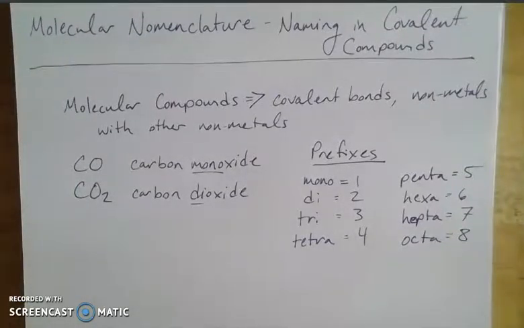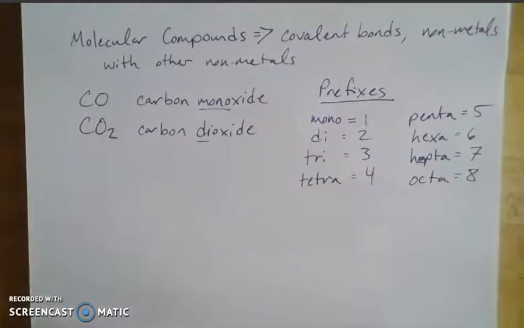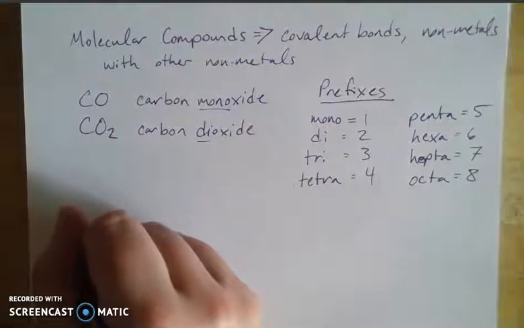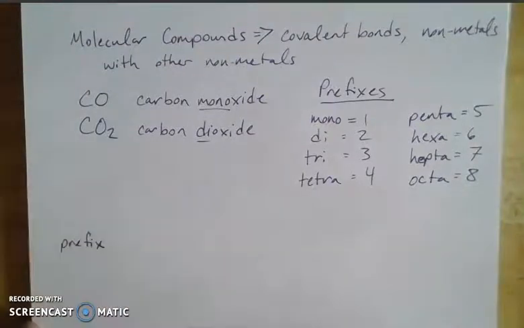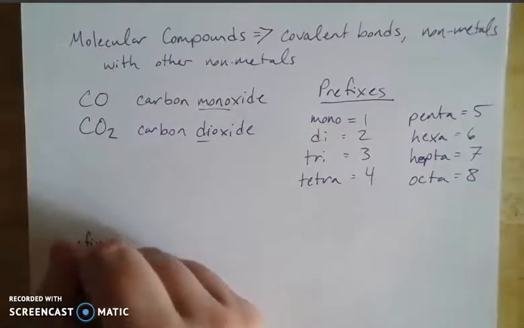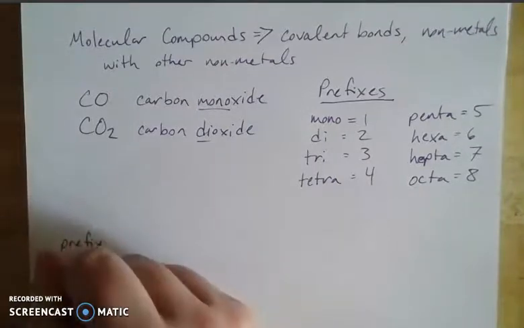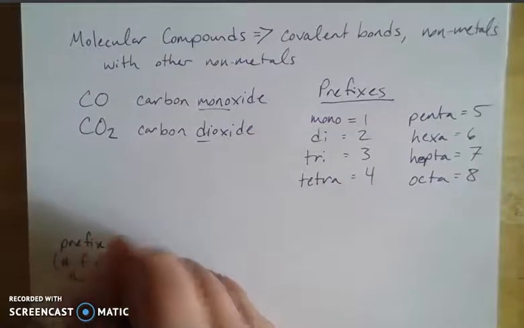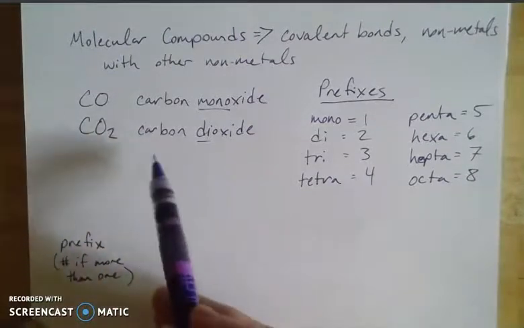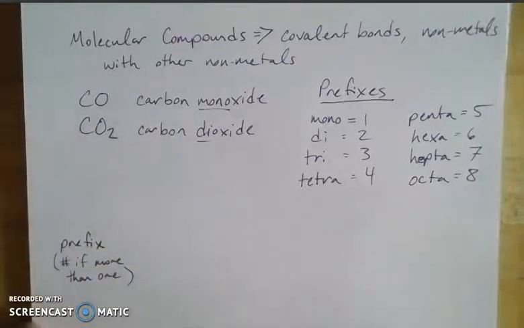The way it works in terms of rules is you need a prefix to tell you how many of the first element there are. So the prefix tells you the number, if it's more than 1. You'll note in our carbon dioxide, I didn't call this monocarbon dioxide, I just called it carbon dioxide.